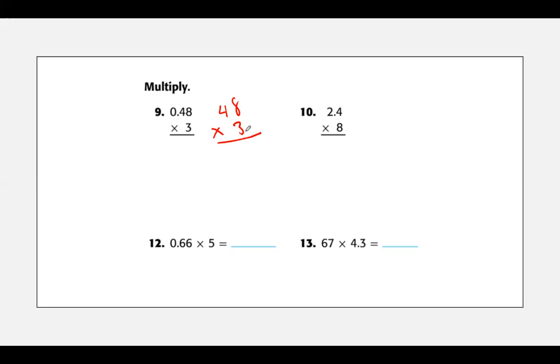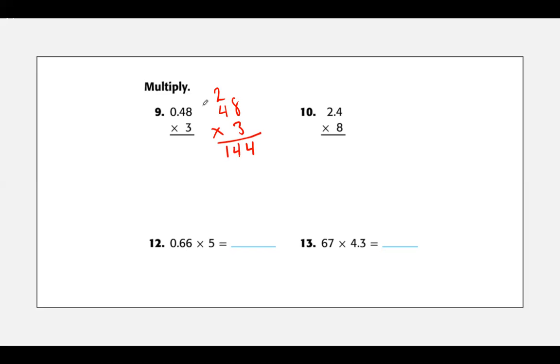Okay, so 3 times 8 is 24. 3 times 4 is 12, plus 2 is 14.